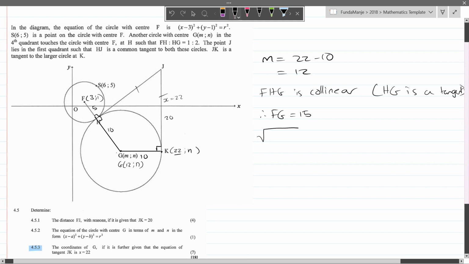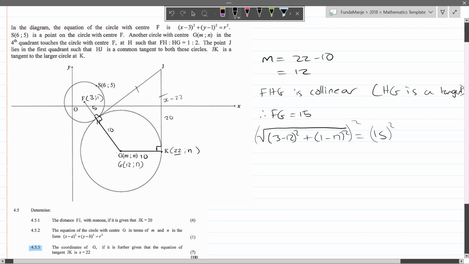So plugging in, we have the x there is (3 minus 12) squared plus (1 minus n) squared should give us 15, and then we can square both sides.